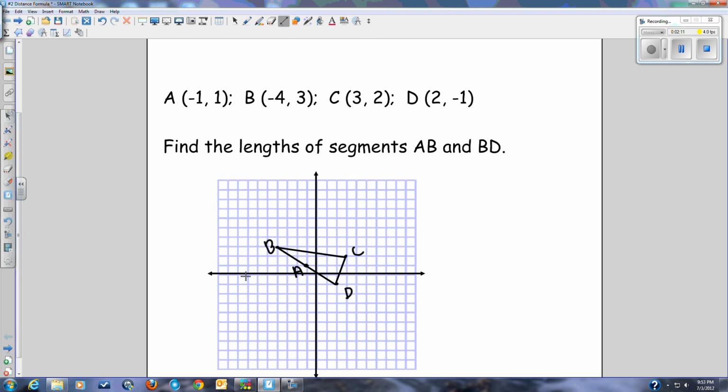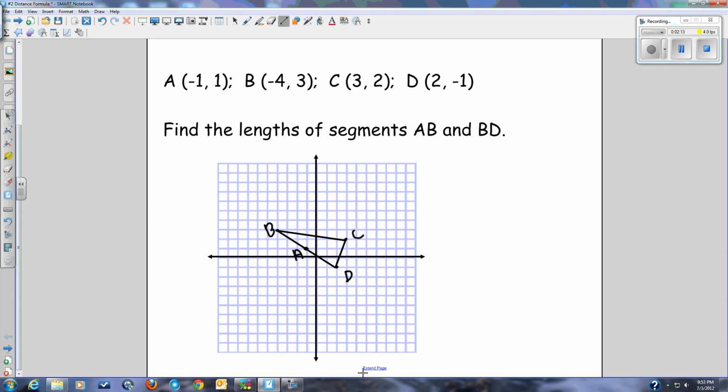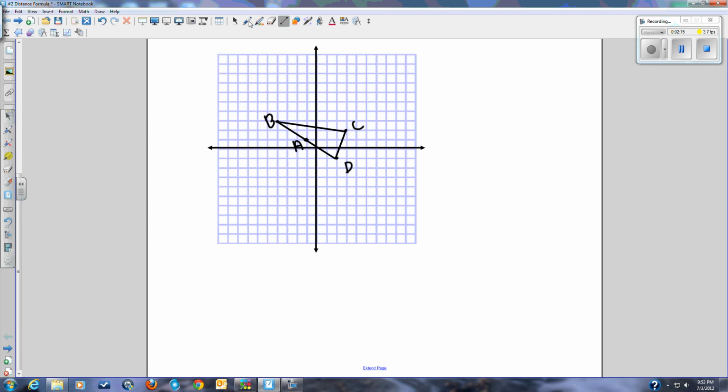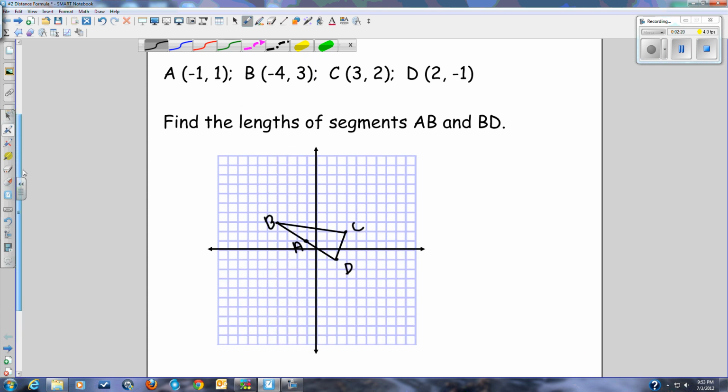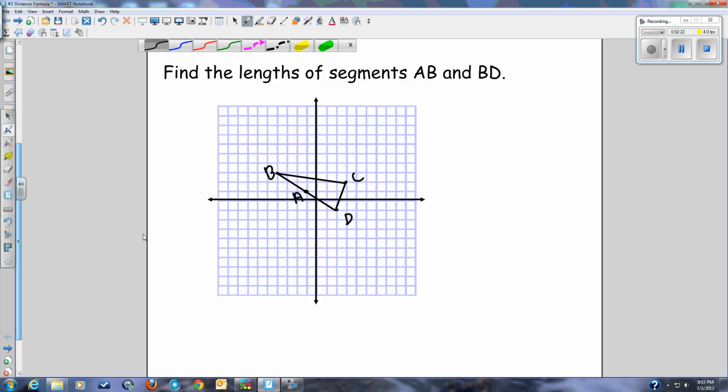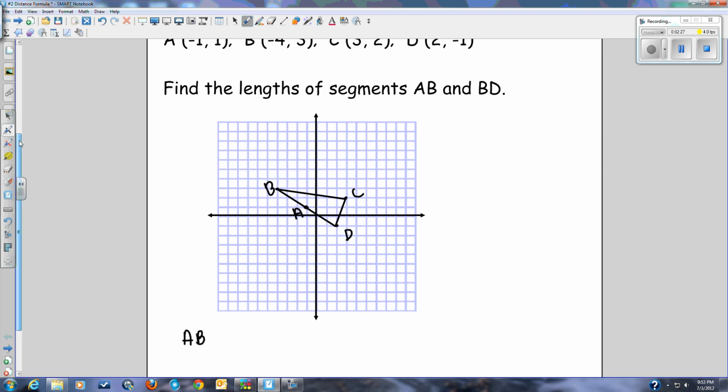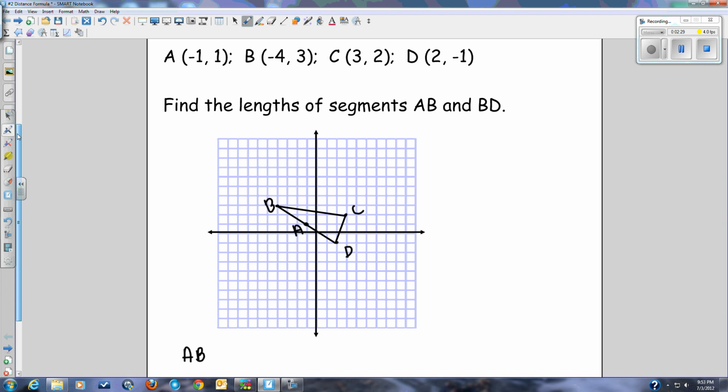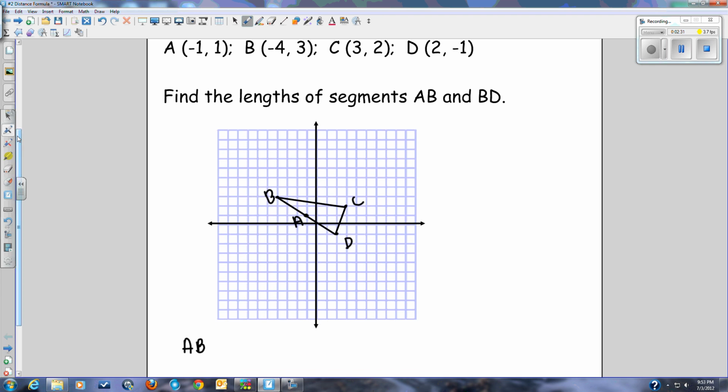Okay, now what we'd like to do is find the lengths of segments AB and BD. So let's start with AB. Now remember, AB had the points negative 1, 1 and negative 4, 3.